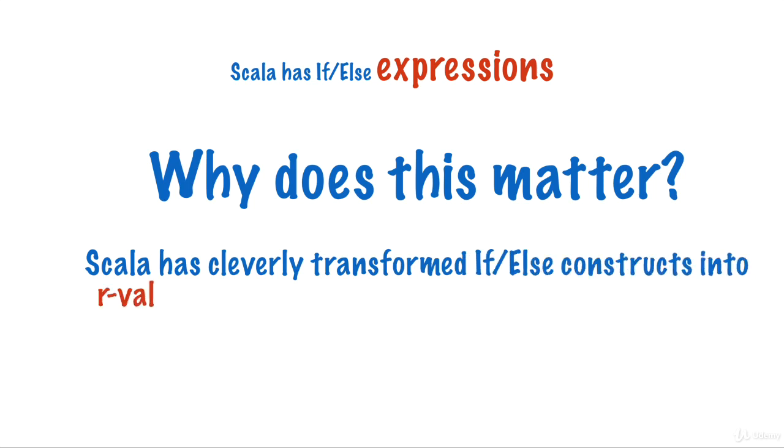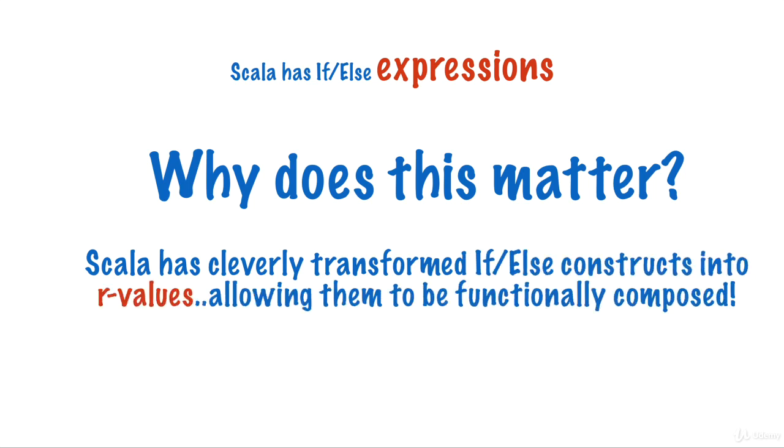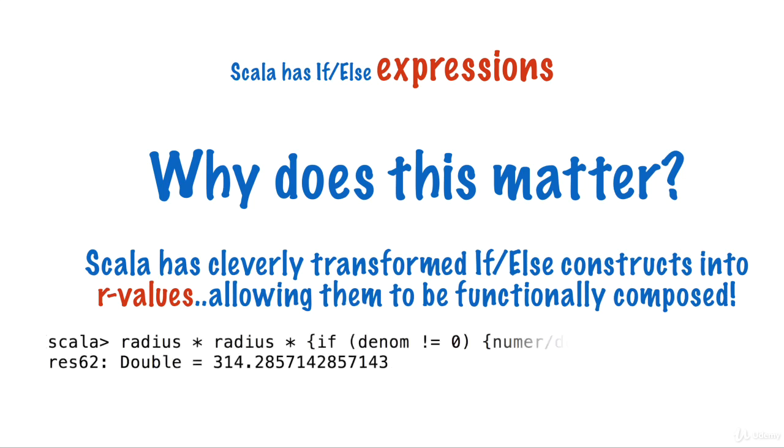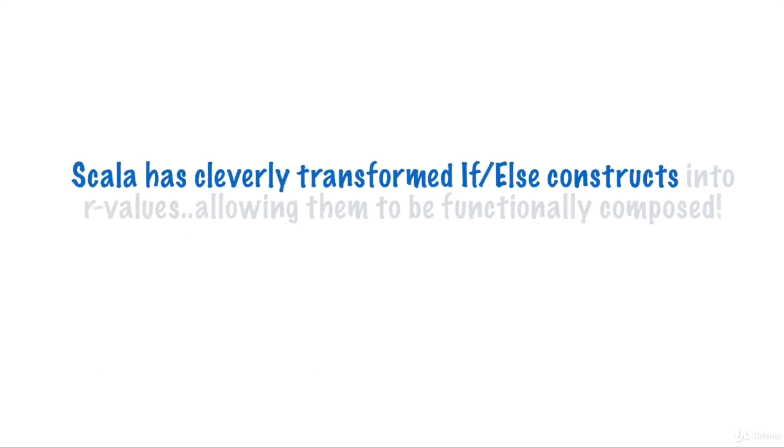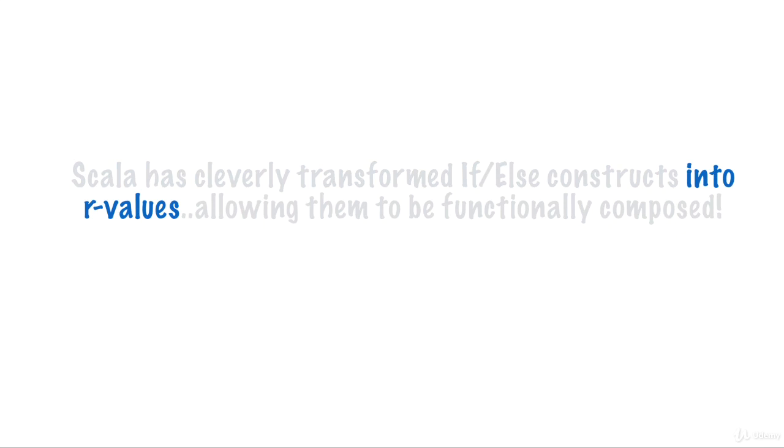Because we are able to chain if-else statements, we don't need to break a functional chain of composition. This allows us to very cleverly write chained function code. This is facilitated by Scala, which has transformed if-else constructs into R values. Remember, an R value is something that can be on the right of an assignment, and by definition, an R value can be functionally composed, it can be chained.